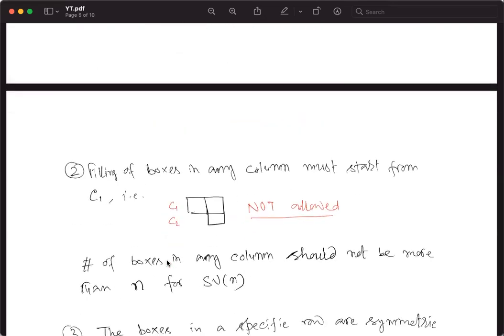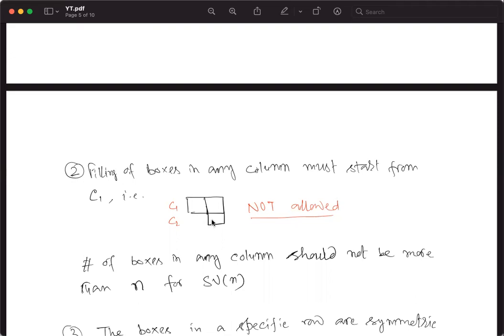Now, about organizing these boxes column-wise, while setting them up we have to always fill them starting from C1, that is the first column. That means in the first row, if we have C1 and C2, C1 will be here and C2 will be there. So in the first row we have kept one box at C1 and another box at C2.